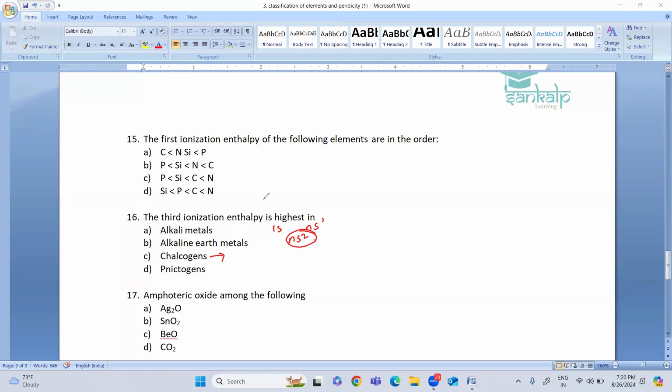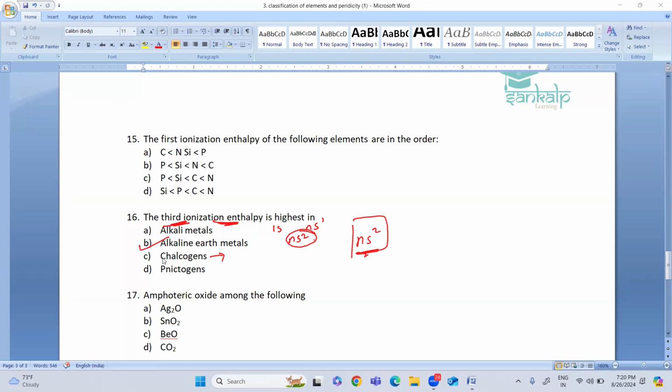So when you are trying to remove the third electron, the ionization energy will be highest. So it will be option B, alkaline earth metals. So ns2 is the general electronic configuration, and when you are removing the third electron, it will be highest.